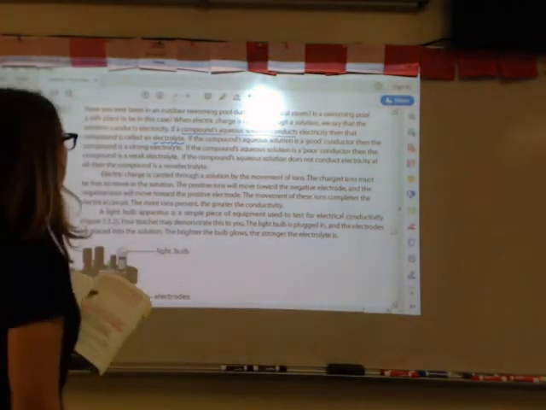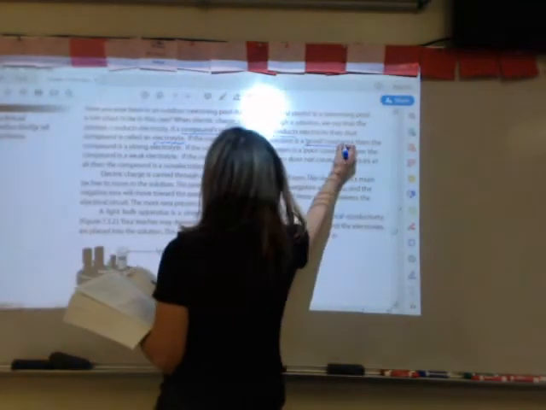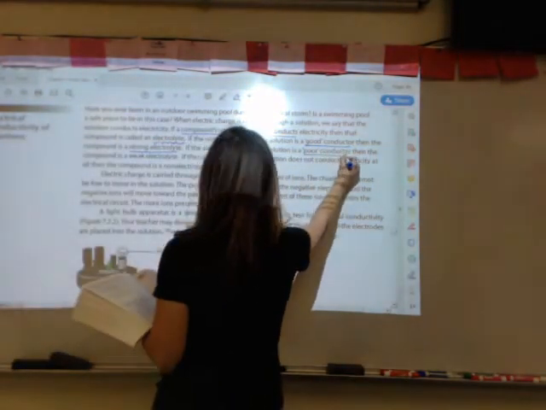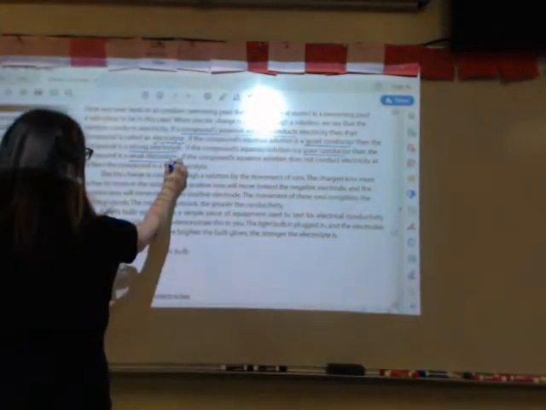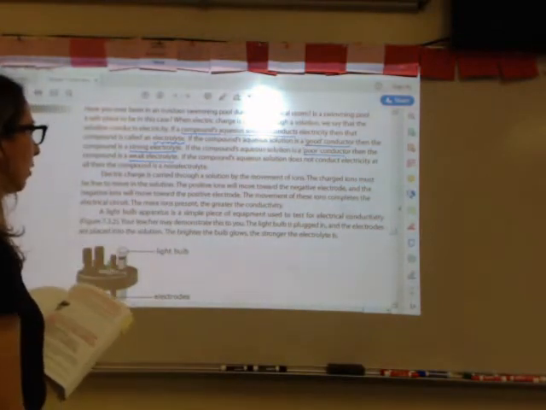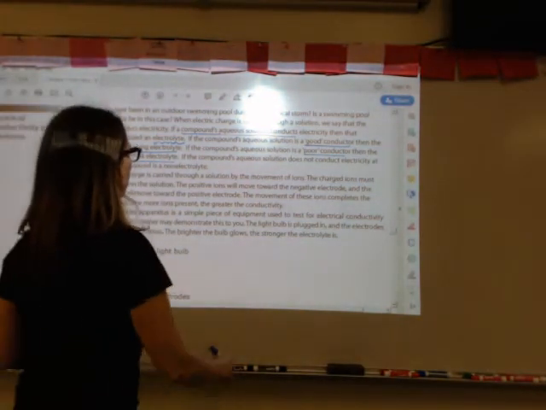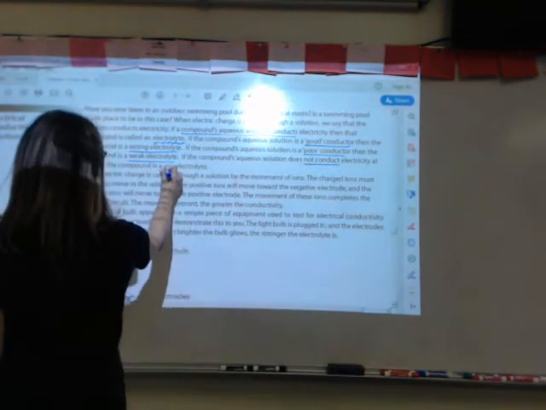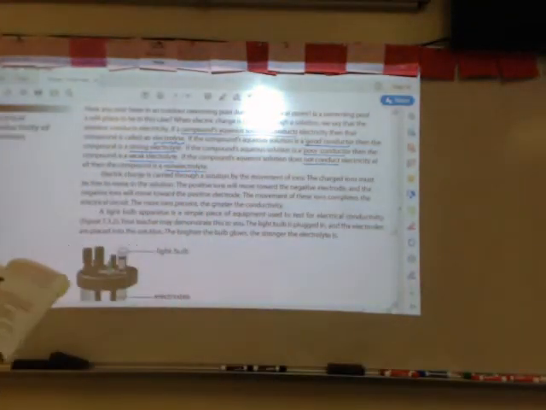And if it's a good conductor, then the compound is a strong electrolyte. If it's a poor conductor, then the compound is a weak electrolyte. And if the aqueous solution of that compound does not conduct electricity, then we say it is a non-electrolyte.